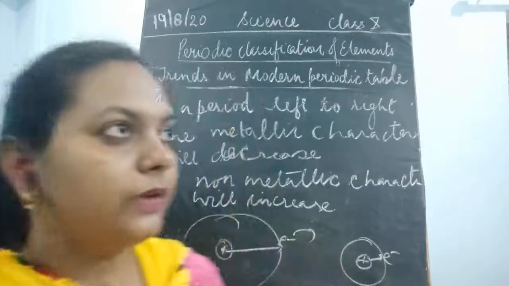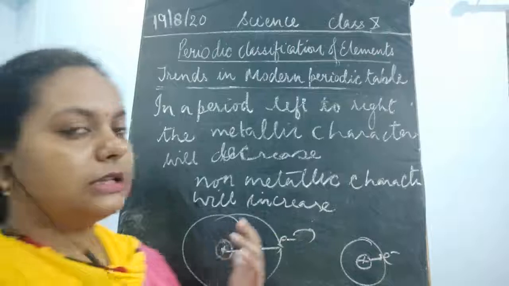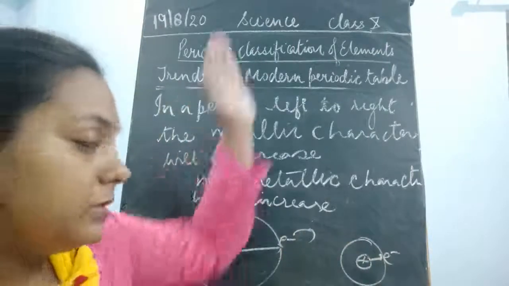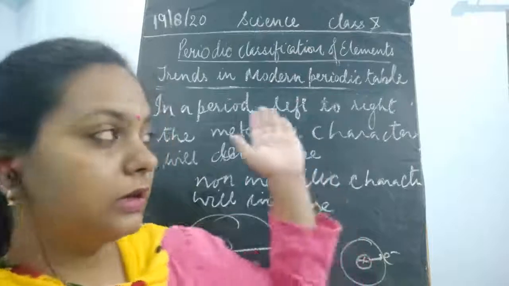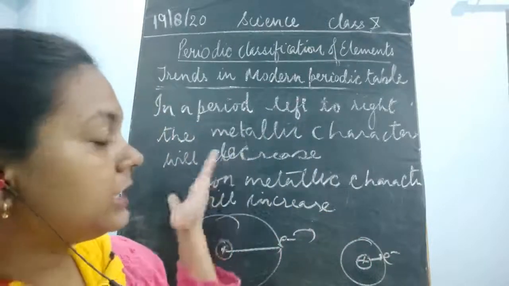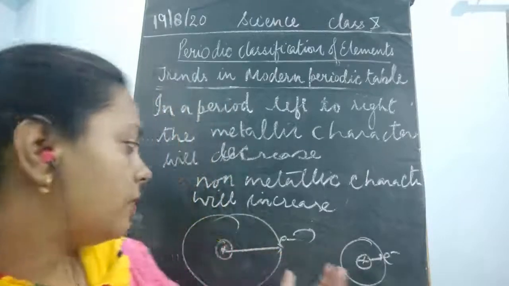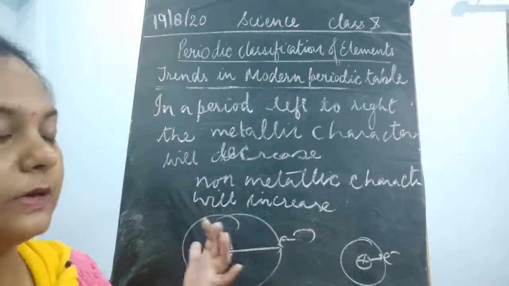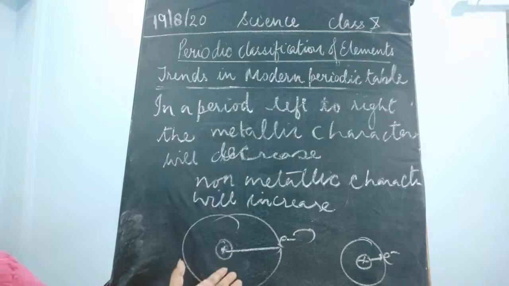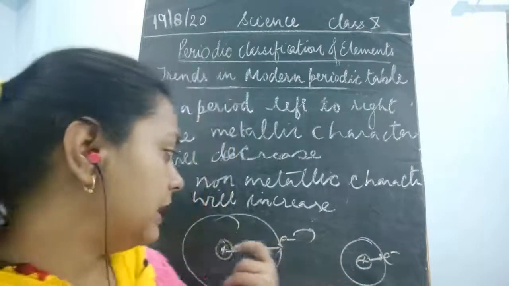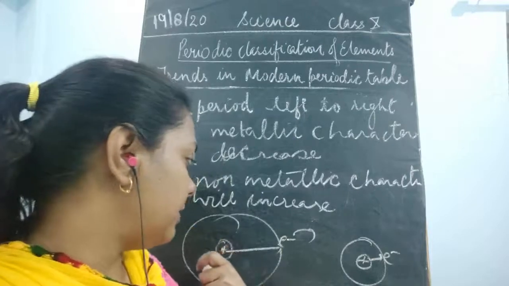Okay, so when we discussed the first characteristic, when we are moving in a group from up to down, what happens? The metallic character was increasing. Why was this increasing? Because the tendency of losing electrons was more, because the last element down the group had a larger size, and the atomic radius also increased.